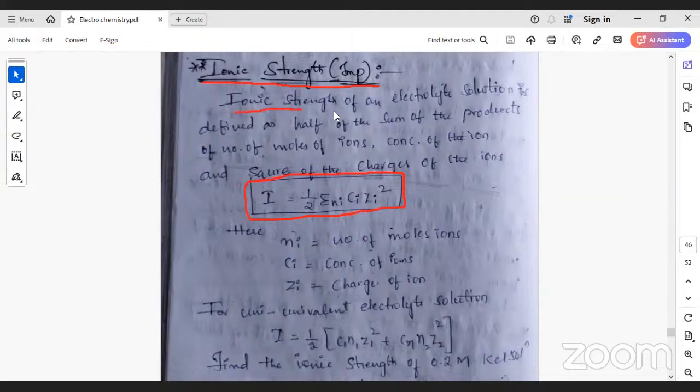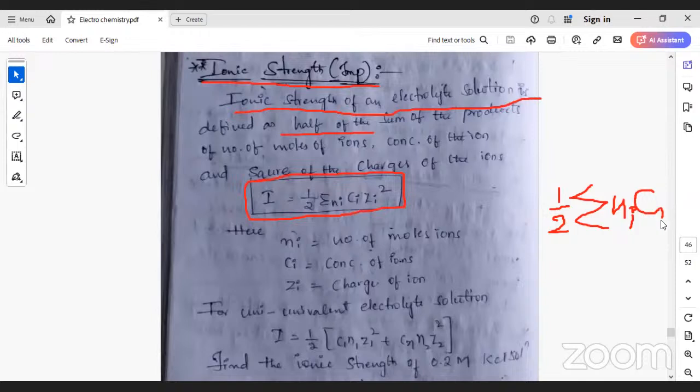Just see. The ionic strength of an electrolyte solution is defined as half, that is 1 by 2, of the sum, that is the summation, of the product of the number of moles of ions, Ni, the concentration of the ions, Ci, and the square of the charges of the ions, Zi square.